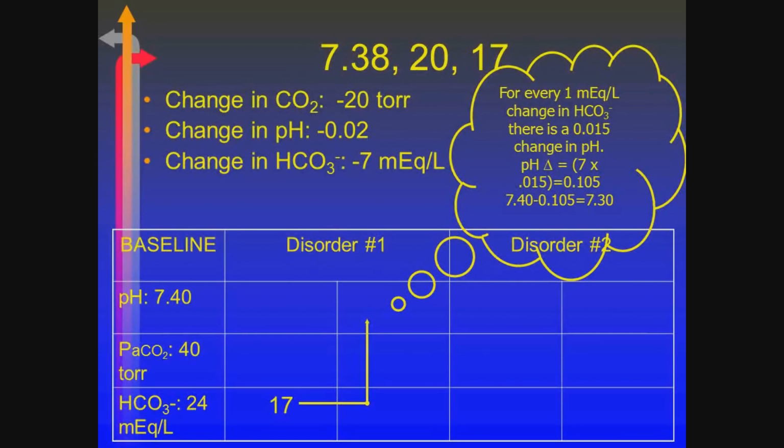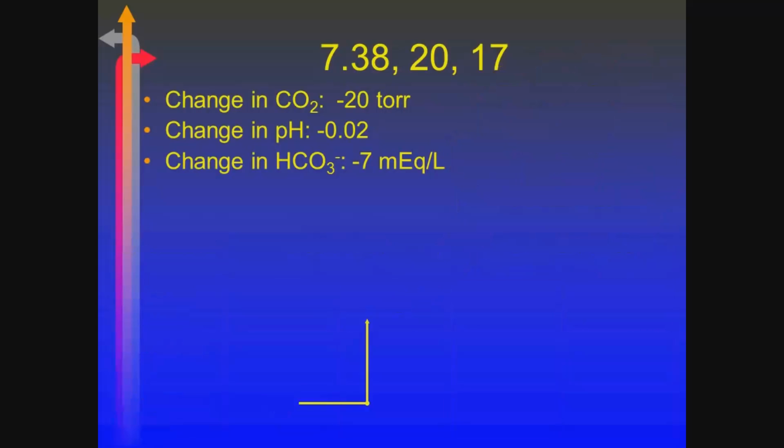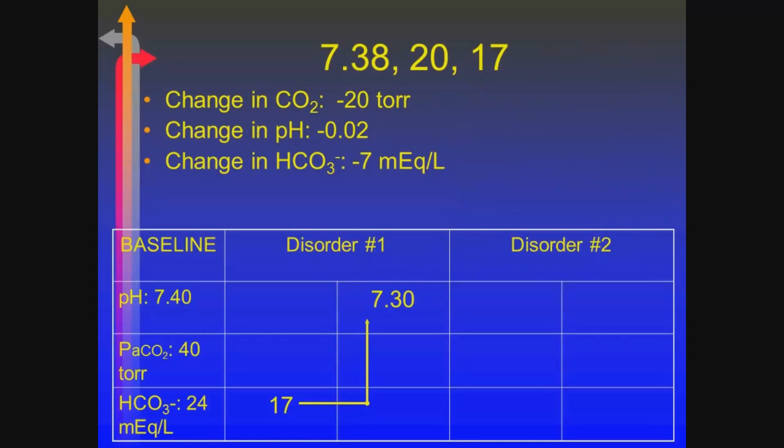For every 1 milliequivalent change in bicarbonate, there's a 0.015 change in pH. So we're trying to predict what the change in the pH will be based upon that 7 milliequivalent drop in bicarbonate. Doing so, we would find that it would go to 7.30, which doesn't match our pH.